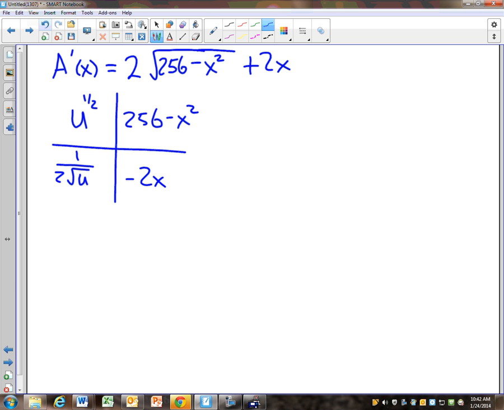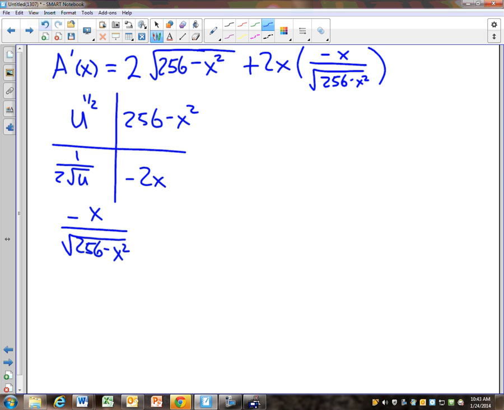And 2x multiplied, the 1/2 and the 2 will cancel. You'll be left with simply a negative x over the root of 256 minus x squared. So that's what we get when we take the derivative.